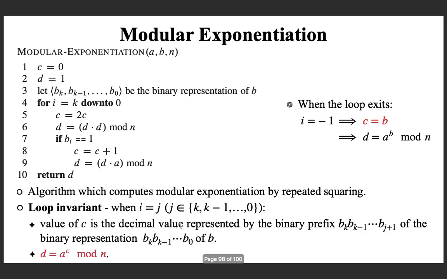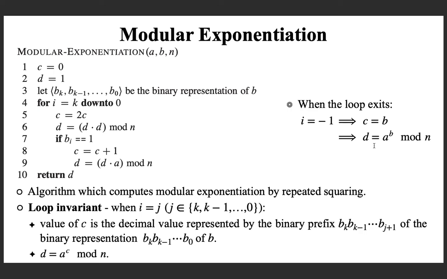And now what this is telling you is d is nothing but a to the power c mod n. Now we proved that c is nothing but b. So we are proving that at the end, when the loop exits, d, which is the value returned, is nothing but a to the power b modulo n. And this is exactly what we wanted to compute.